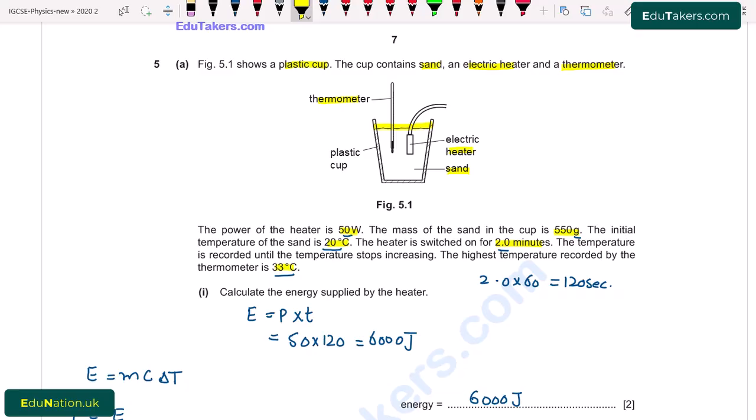As a result, the energy inside it decreases and from the relation E is equal to mc delta T, if the change in temperature is constant and mass is also constant, then decrease in energy causes decrease in specific heat capacity. So there must be a decrease in specific heat capacity.